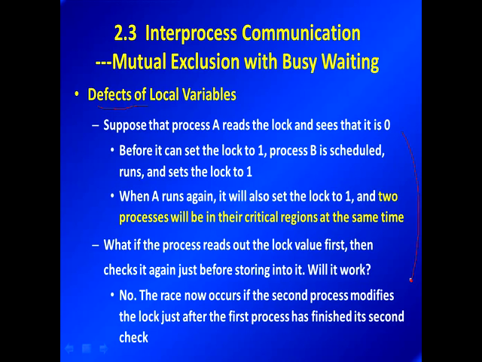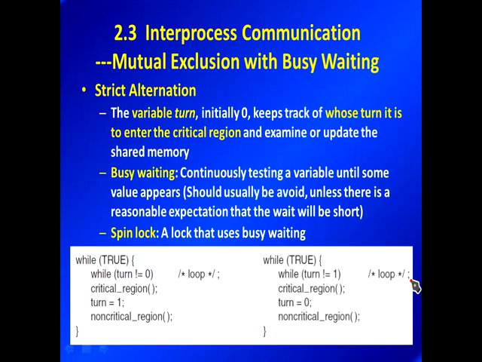Maybe after it checks the value of the lock and finds it's 0, right before it gets into its critical region, the CPU is allocated to another process. So process A cannot actually get into its critical region yet. Then the other process might get the CPU, check that the lock is 0, and get into its critical region. When the CPU is back to process A, it will get into its critical region by mistake. Anyway, if you are interested, you can check it after the class.